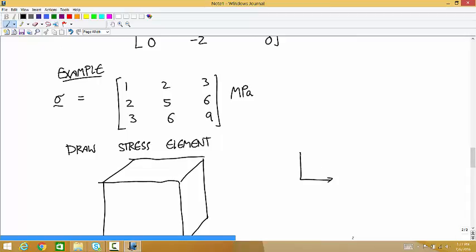X is to the right, Y is up, Z is out of the page. Okay, so the XX stress, so on the X face, the component in the X direction is +1. On the X face, the component in the positive Y direction is +2.